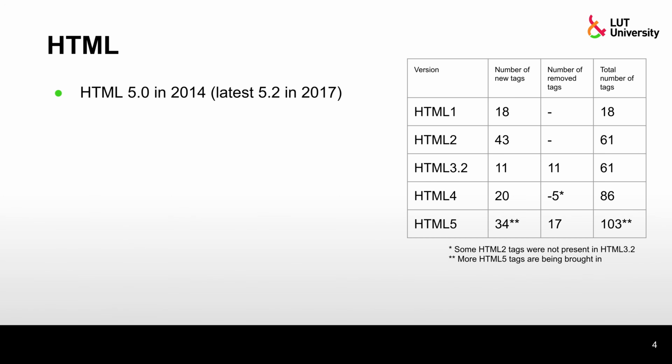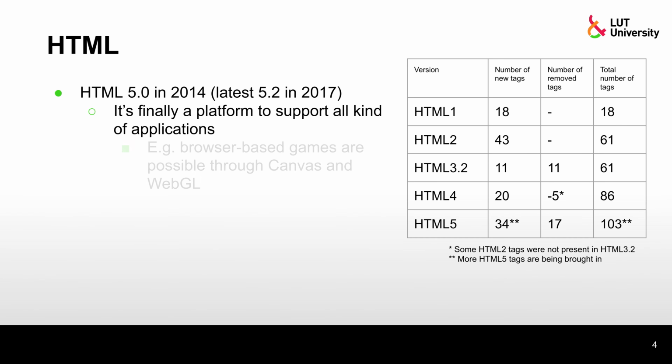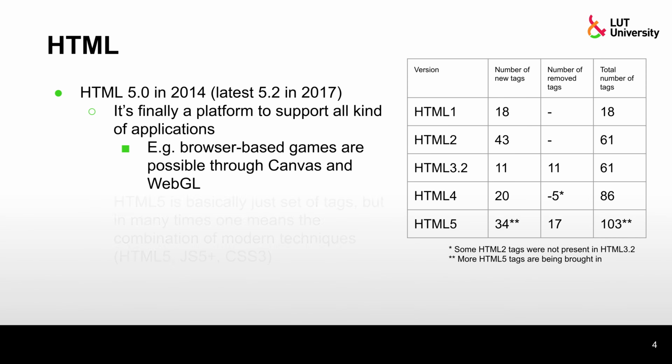HTML5 was released in 2014, and now we are working with HTML 5.2, which was released in 2017. Well, it's finally a platform to support all kinds of applications, so we can have browser-based games. They are possible through Canvas and WebGL tools.